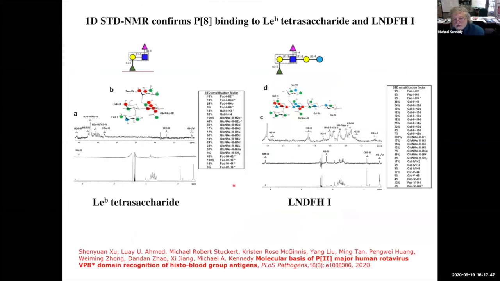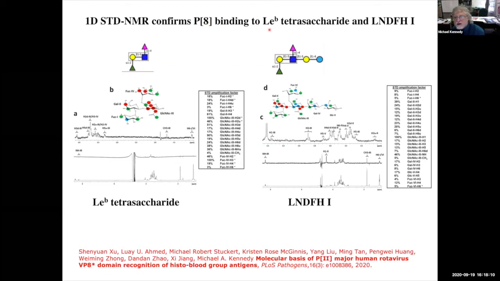So the big target for us was trying to identify the structure of the P8 genotype bound to its glycan receptors. Up until this work, which we just published in 2020, there was no structural data available for binding of the P8 genotype to its glycan.